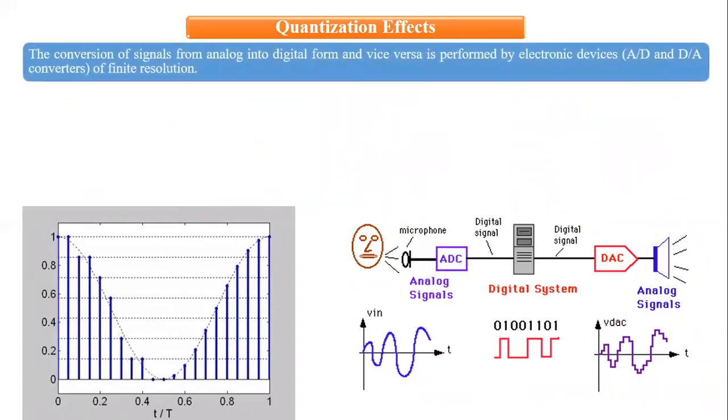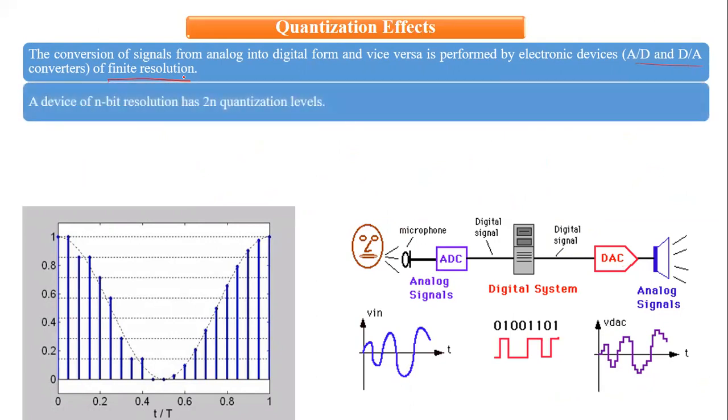So the conversion of a signal from analog to digital form and vice versa is performed by electronic devices, A to D and D to A, which we have mentioned many times, and they must have some finite resolution. The number of quantization levels for any n bit resolution is 2 raised to the power n. So if we have 2 bits, we have 4 quantization levels.